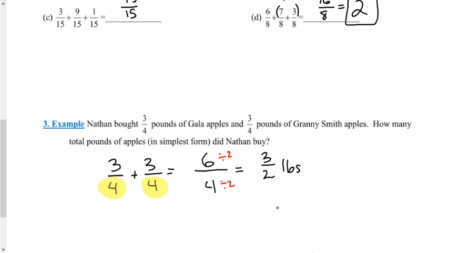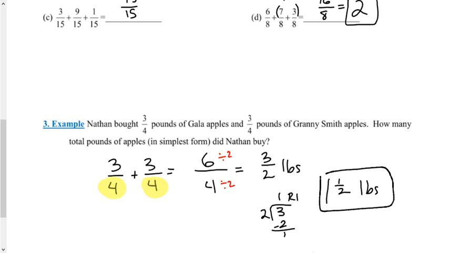But if we actually put that into a mixed number, I would do it something like this. 3 divided by 2, 3 halves. 2 goes into 3 one time with 1 left over. That means I have 1 whole and a half left over. So 1.5 pounds of apples.